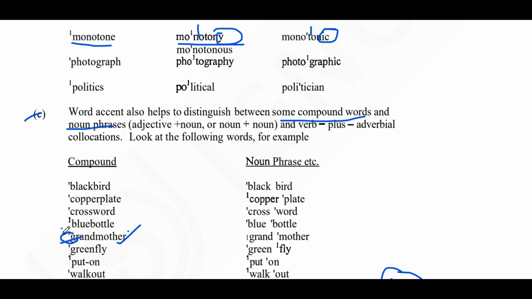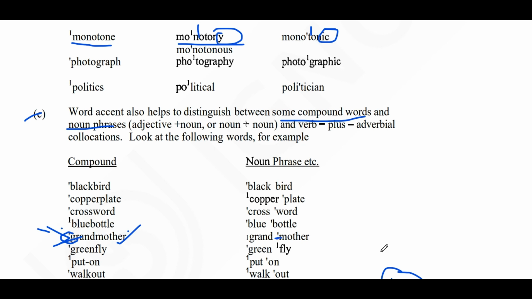Grand, the first syllable. But when I talk about, let's say, a mother who's grand, she's not really a nani or dadi of someone, then I would emphasize the second part, which is mother.